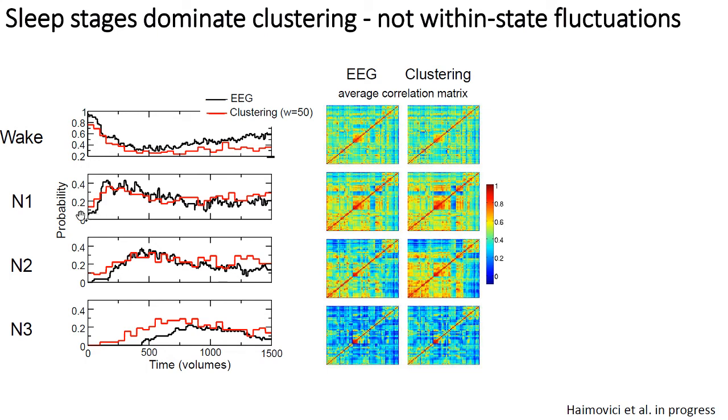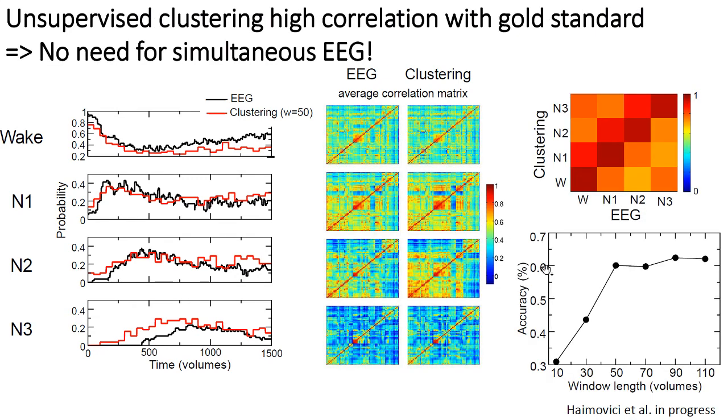And this happens for all sleep stages, for N1, for N2, and even for N3. And the average connectivity that we find by looking at the connectivity in sleep labeled by the ground truth, which is the EEG, gives connectivity matrices which are extremely similar to the clusters we find using the dynamic connectivity approach.